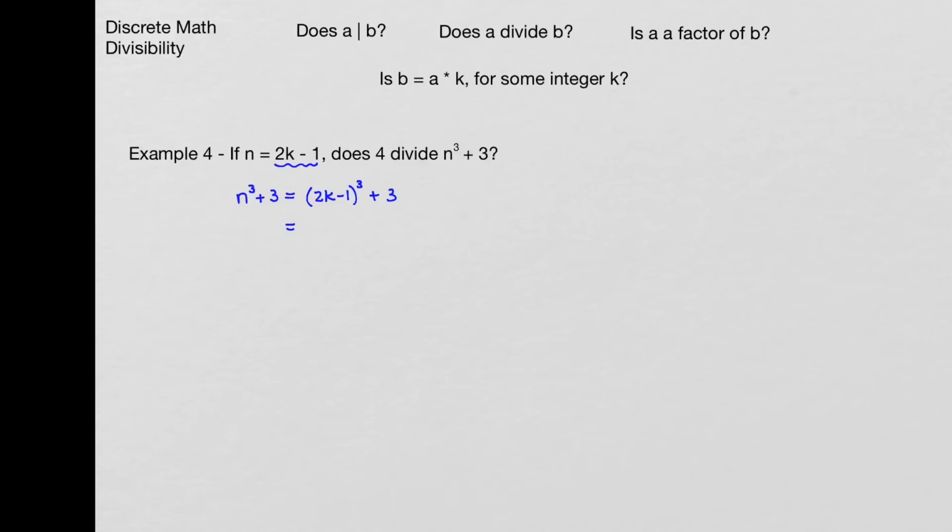And now I will multiply out the 2k minus 1 to the third power. There are a couple of ways of doing this. You can use FOIL and then the distributive property, or you can use the binomial theorem if you remember that.